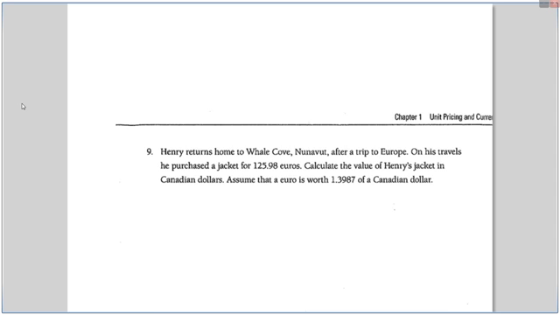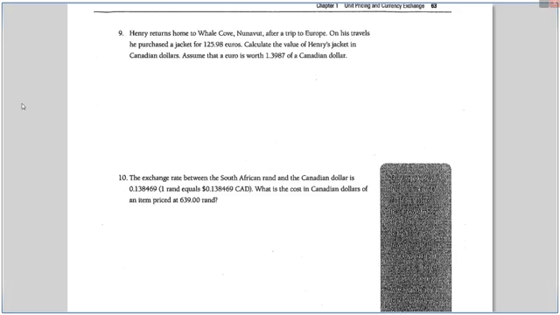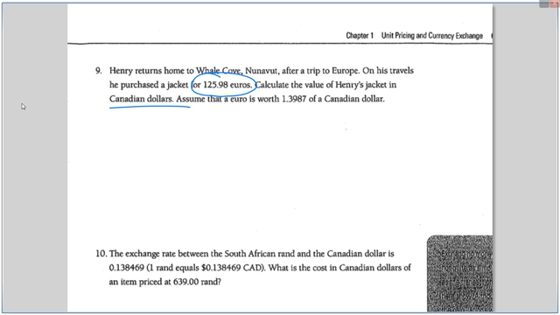Alright. Keep going here. Henry returns home. On his travels, he purchases a jacket. So you have some dollar amount there. Calculate the value of Henry's jacket in Canadian. Assume that, okay, here it is, a euro, so 1 euro is worth 1.3987 Canadian.